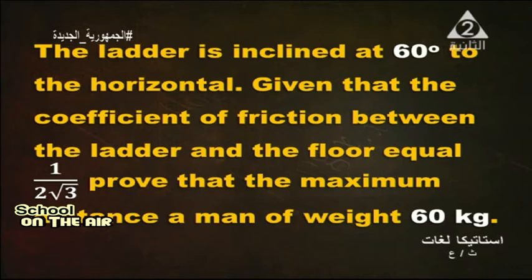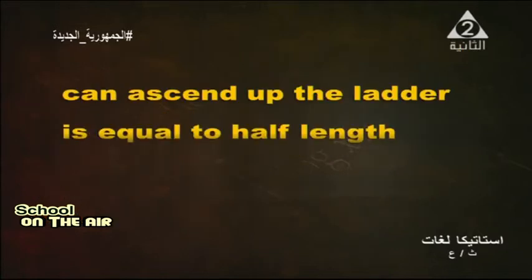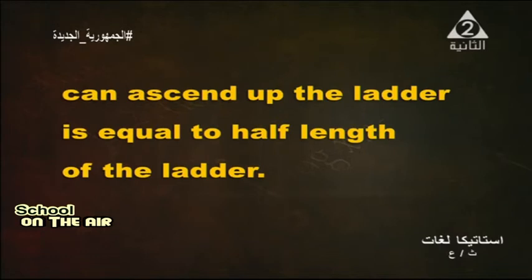What is required? Prove that the maximum distance a man of weight 60 kilogram can ascend up the ladder is equal to half the length of the ladder. What do you mean? If the length of the ladder equals 2L and the distance between the man and the bottom is X, we must prove that X equals L.